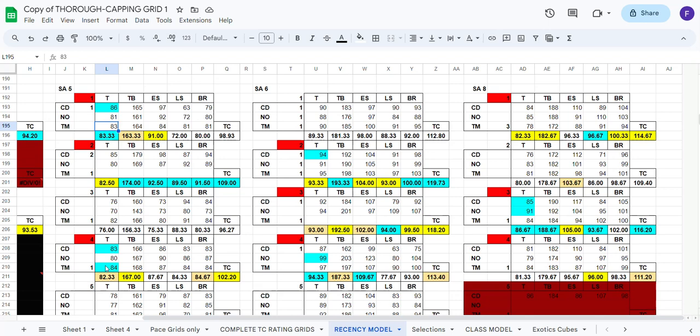This model takes into account that recent races are the most important, and anything before that, like we're talking 9 months, a year, year and a half, looks at it as stale form. So we have different versions now, different models we can use in different grids that take different things into account. And this one takes into account that the 3 most recent races that we can pull at today's distance, at today's surface, are the most important races, and they're the ones that we're going to focus on.